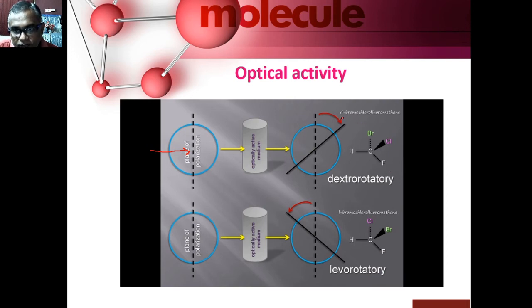Here we have taken the example of D-bromochlorofluoromethane. Its enantiomer, L-bromochlorofluoromethane, is a non-superimposable mirror image. If you pass the same light, you will observe the direction of the light changing towards the left, and you call it levorotatory.